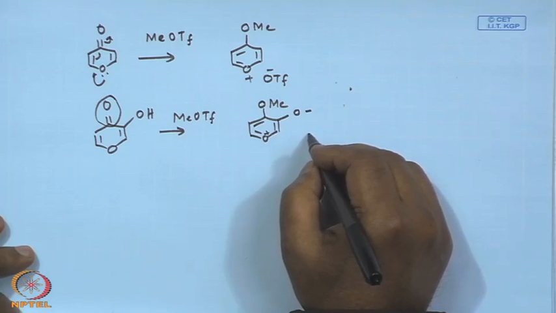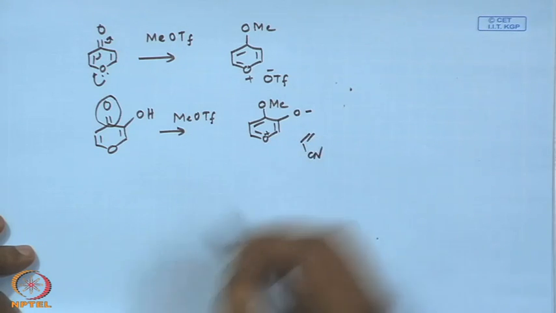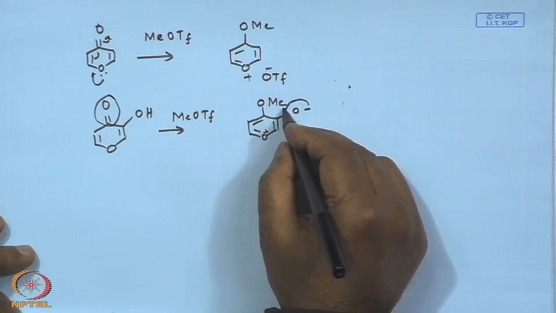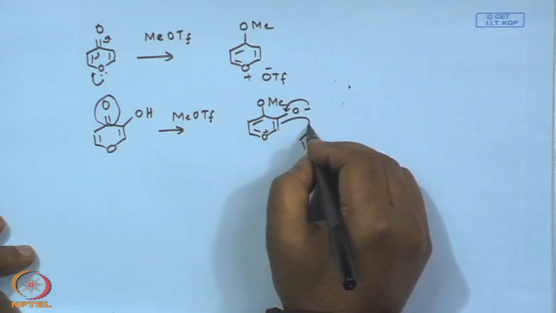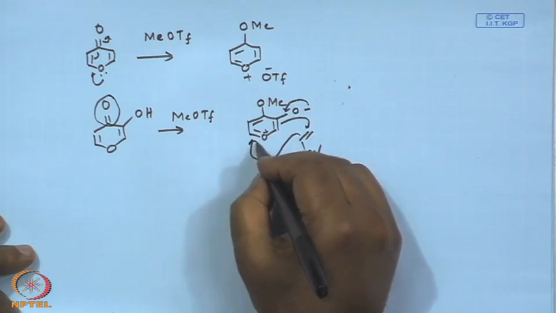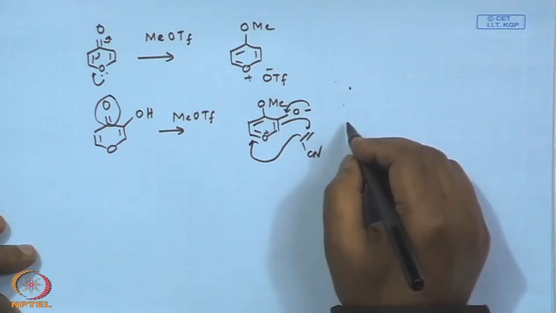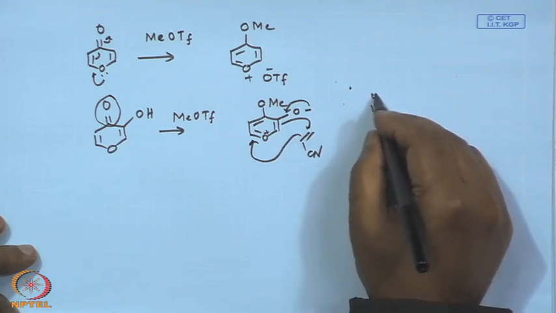Now, do this reaction with, let us say, acrylonitrile. Once again the reaction would proceed at the 2 position, and the double bond would now move to react with the other position of the pyrylium ion.